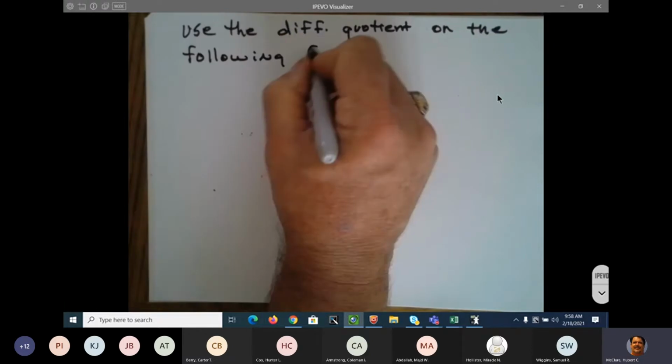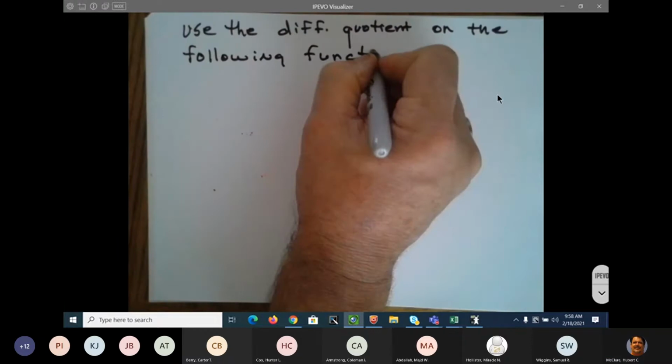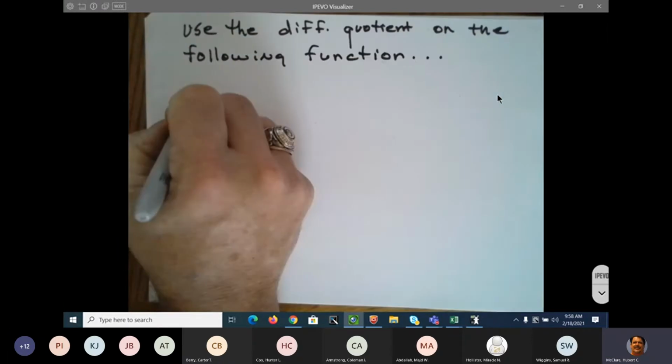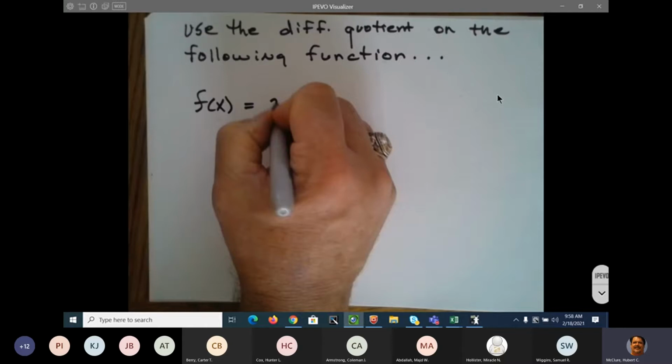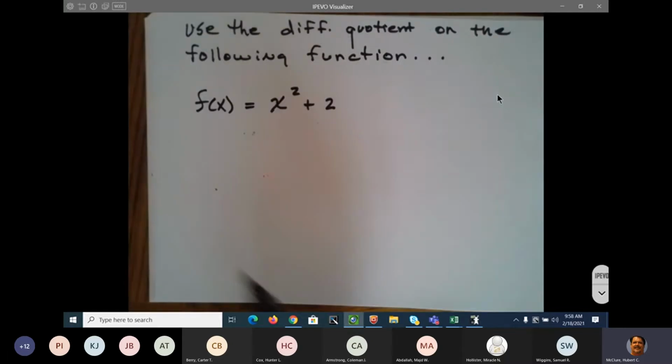This is what we did in the review. F of x is equal to x squared plus 2. Now, you know from the review section what this looks like.